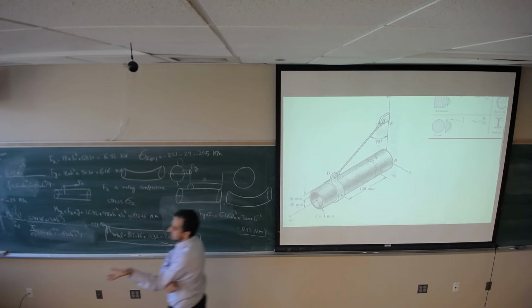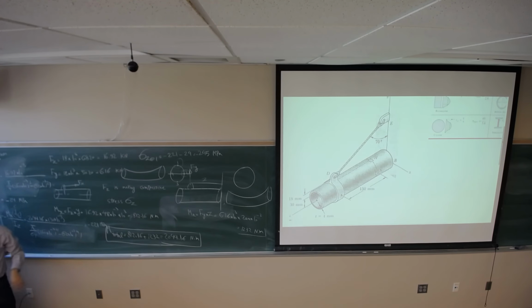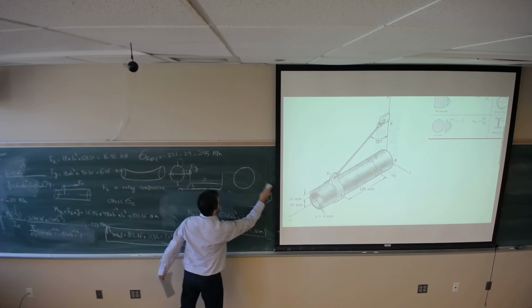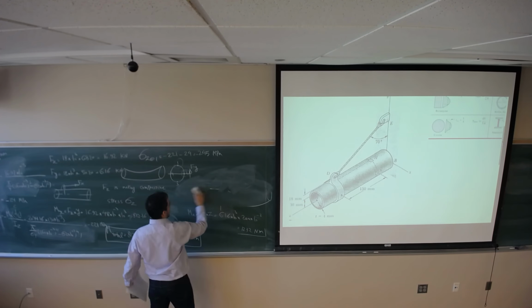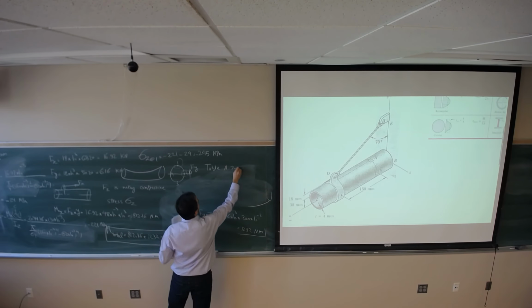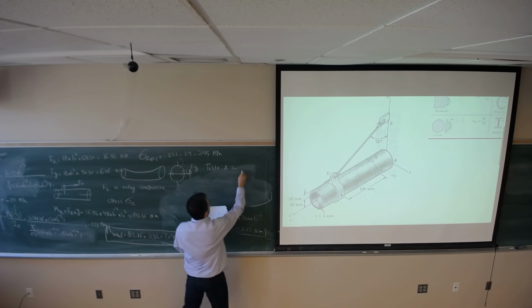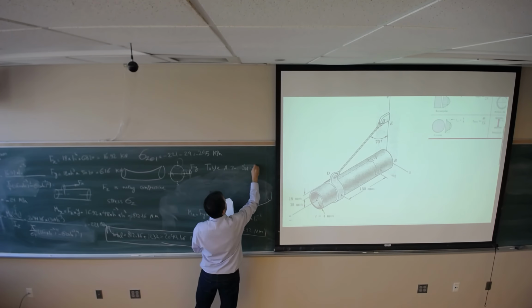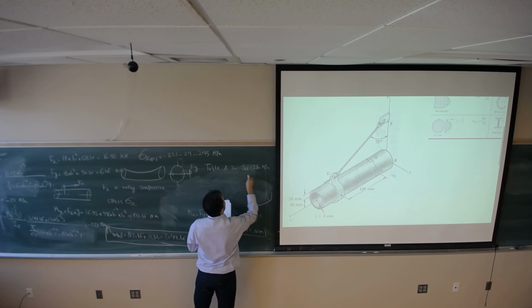Now we should see which failure criteria we can use. It's a ductile material, 1020. If you look at table A20, you will read S ultimate is 380 megapascal, yield strength is 210 megapascal.